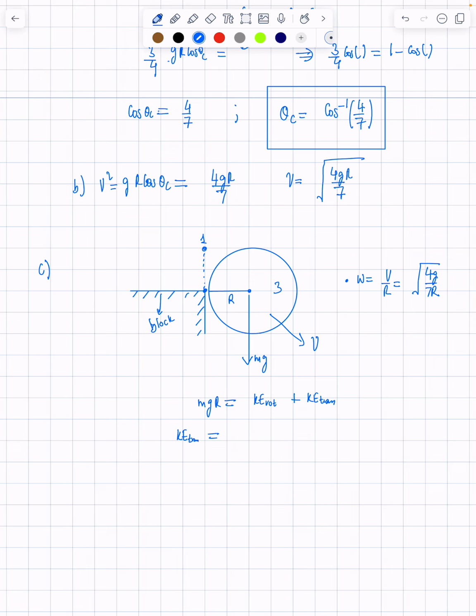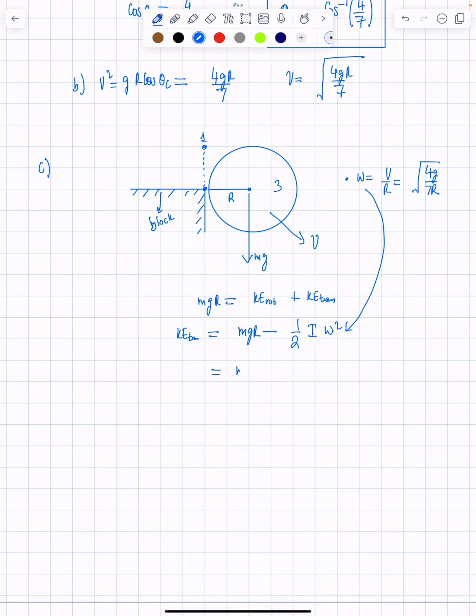So that is mgr minus the rotational kinetic energy, which is half I omega square, and the omega has to be this because we said omega is not going to change. So mgr minus half I, let's say mr square, and for omega square I'll write 4g over 7r.